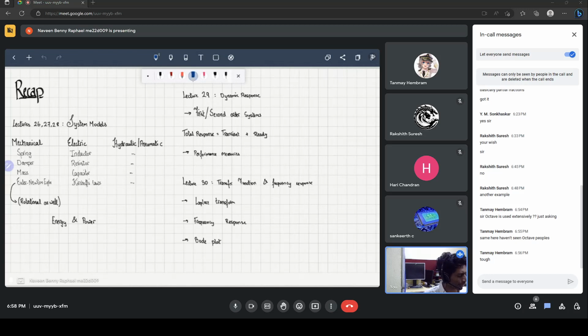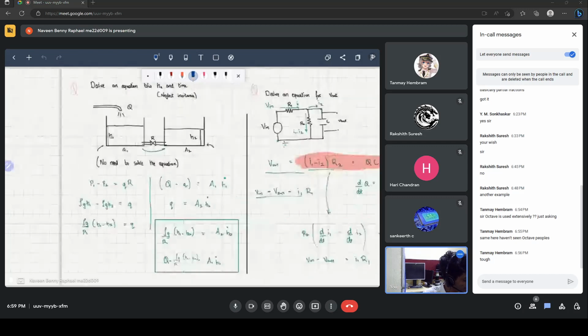The key takeaway of dynamic response is about the different order systems, the total response, and how to solve differential equations essentially. And then we came across transfer functions, frequency response and Bode plots in the last lecture, which is a more controls oriented way to solve these questions. For example, Laplace transform is significantly more convenient than solving the equations the normal ways we have solved ODEs.